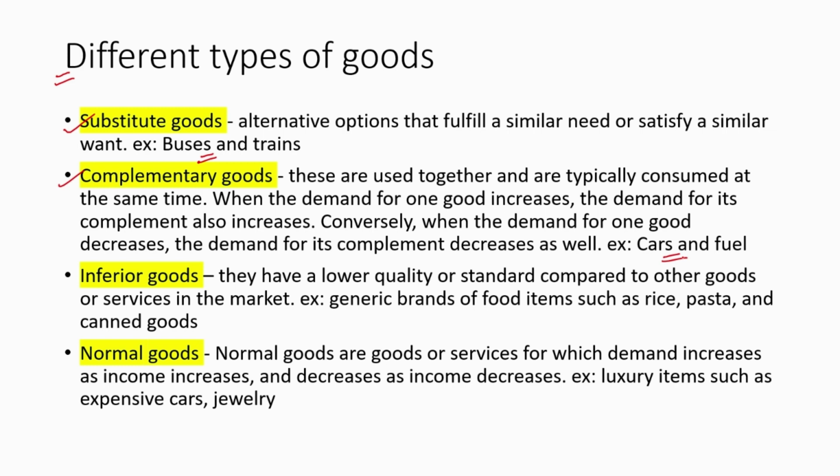When the demand for cars increases, the need for fuel will also increase because cars need fuel. Conversely, when the demand for cars decreases, the demand for fuel will also decrease, and both goods will be consumed at the same time. So these kinds of goods can be considered complementary goods.